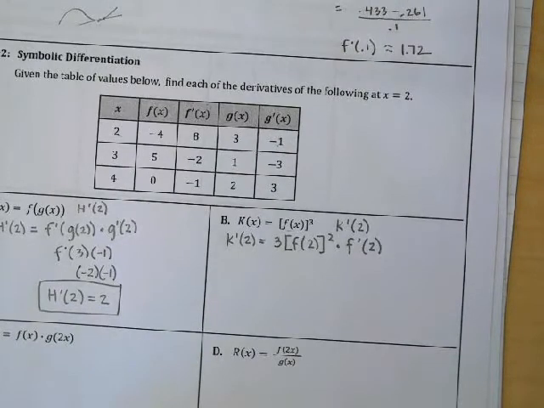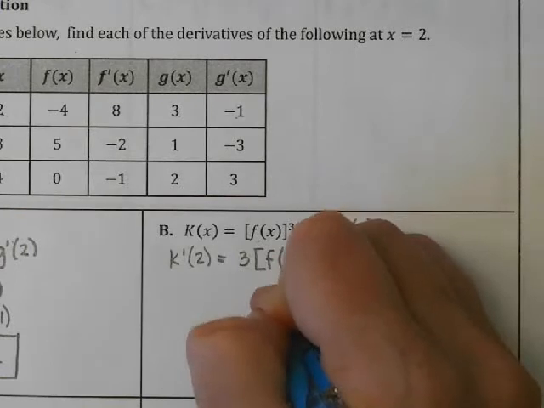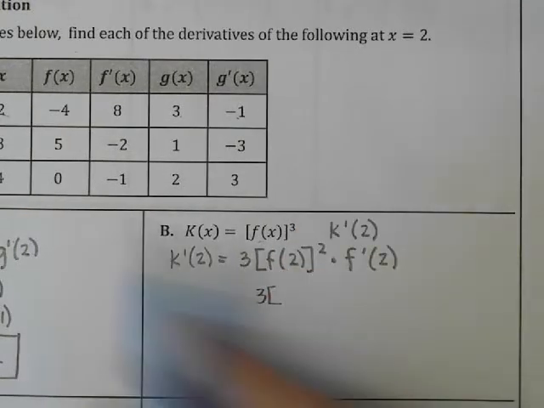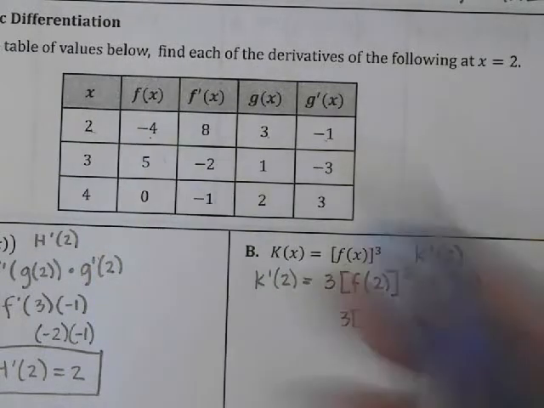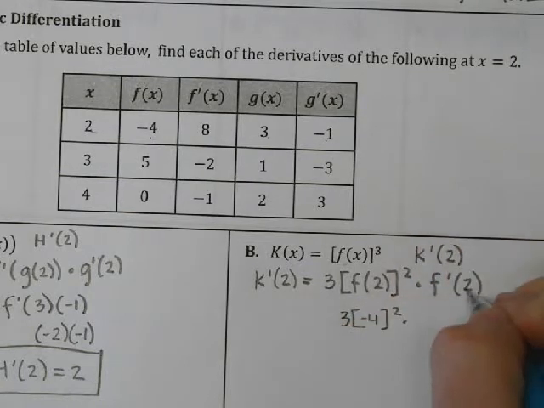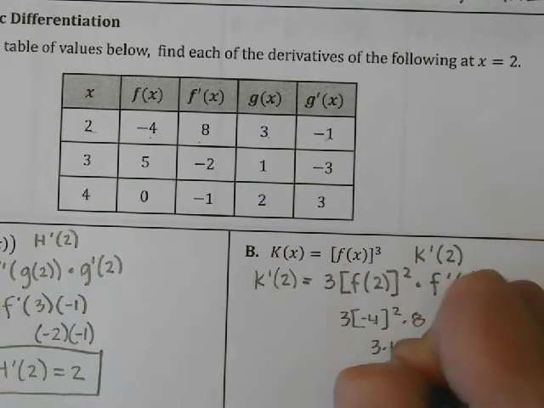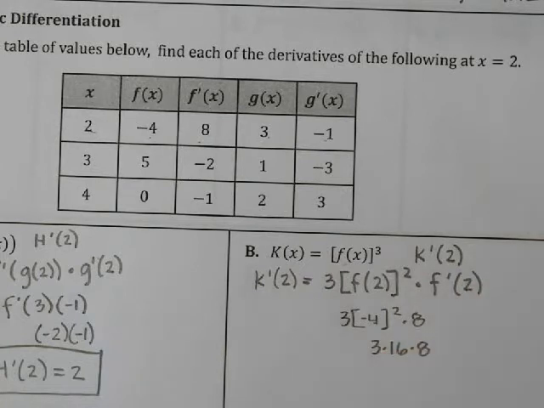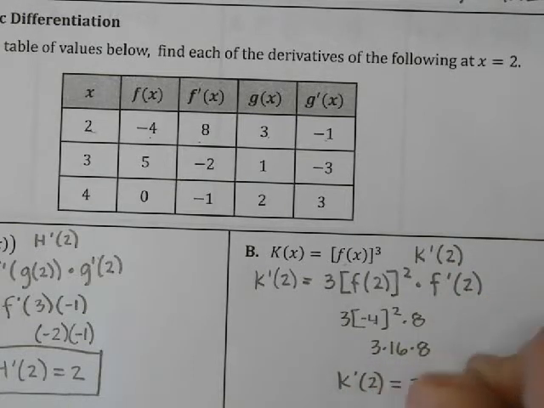So I have a 3, f of 2. I'm going to come over here. f of 2 is negative 4. f prime of 2 is 8. So that's 3 times 16 times 8. And that is going to give me 384.